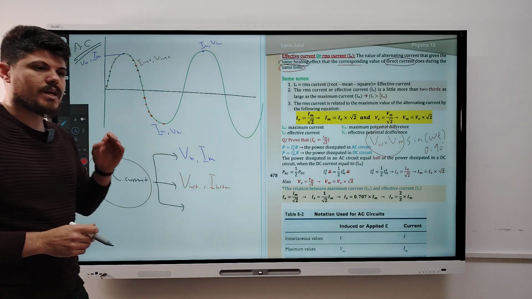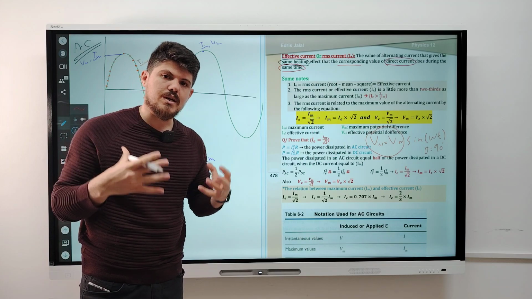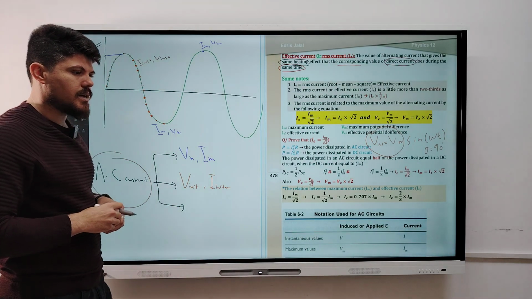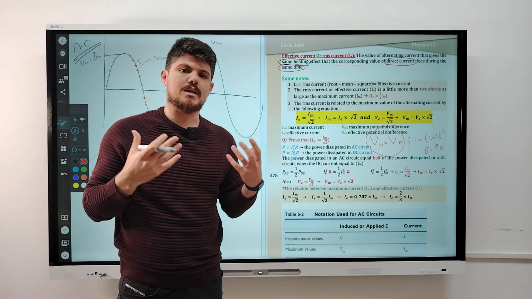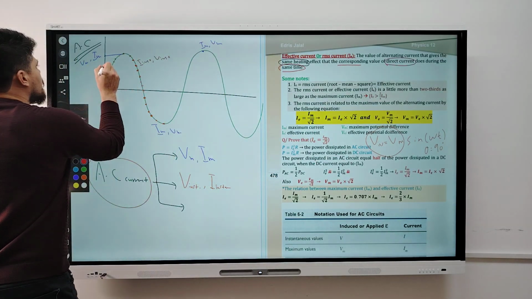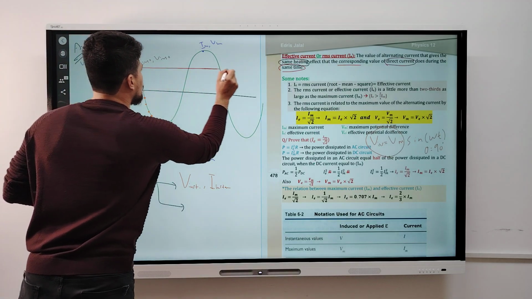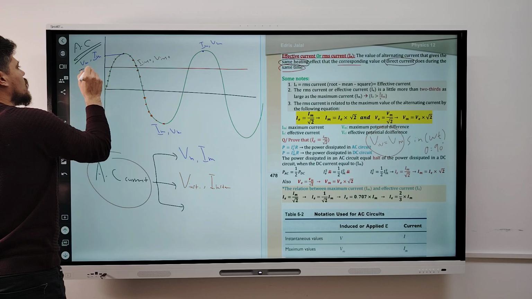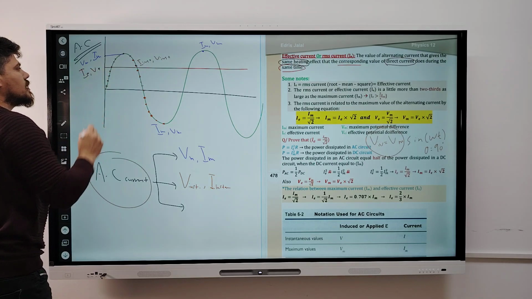Another value of AC current is the effective current. The magnitude of the effective current is less than the magnitude of the maximum current. This is I effective, or V effective.